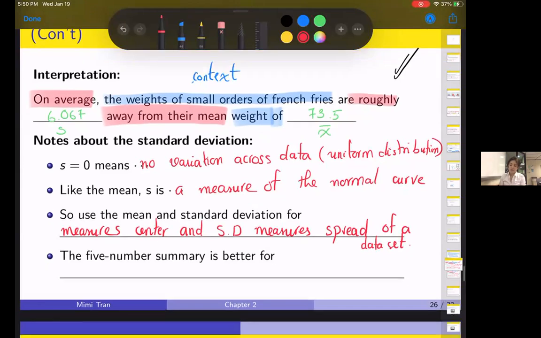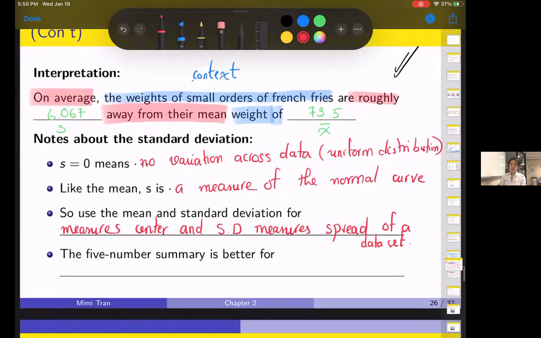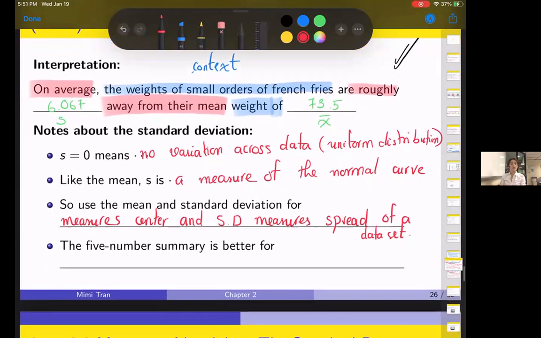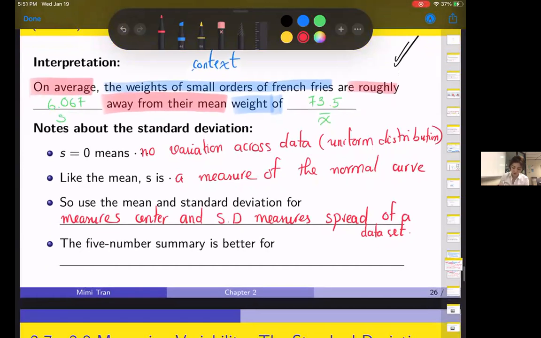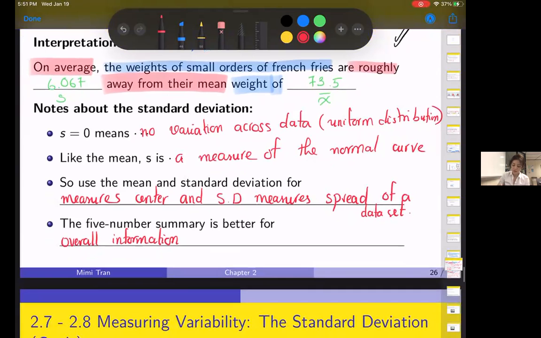The 5-number summary is better for overall information of a data set. Maybe I have a better way of saying this. I think I have a better way of saying this. Overall information.